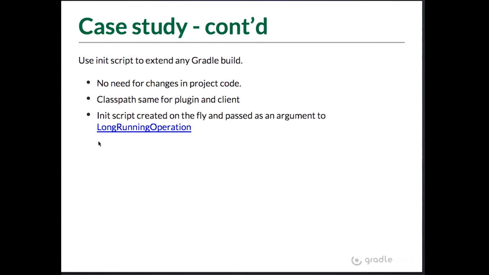And you don't want to force people to say, okay, so if I want to be able to be used from your tool, I will have to apply your plugin. Oh, why? Does it mean that now every time I do a new project, I will have to do that? So the solution for that is you can use init scripts.